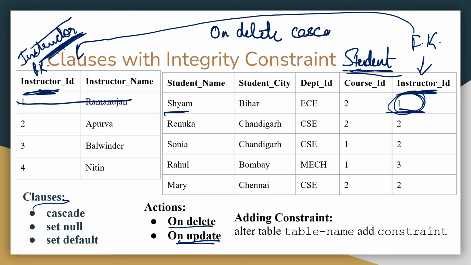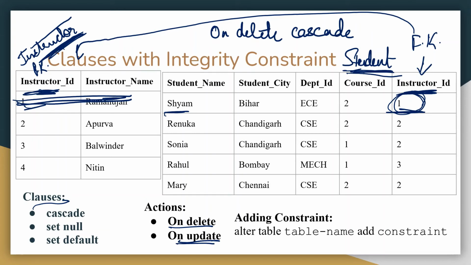cascade. Now what does this mean, on delete cascade? It means that, for example, if I delete this record, instructor ID, instructor name for ID 1, then the record present in the student table which is referring to this instructor ID should also be deleted. That is the meaning of cascade.